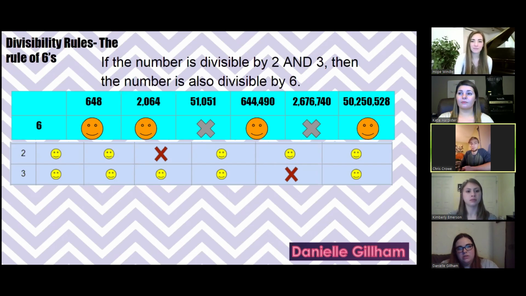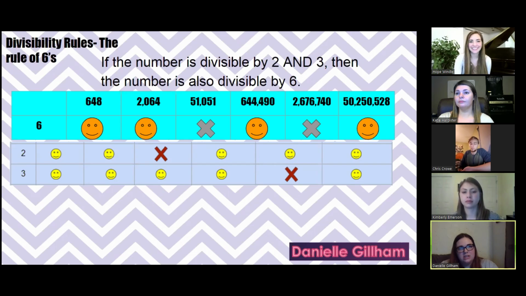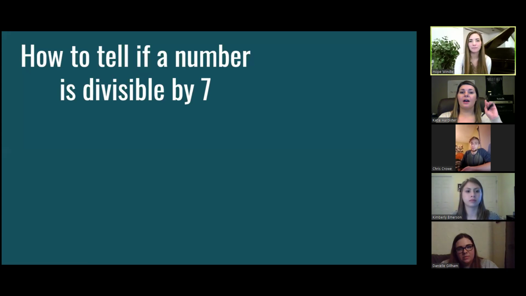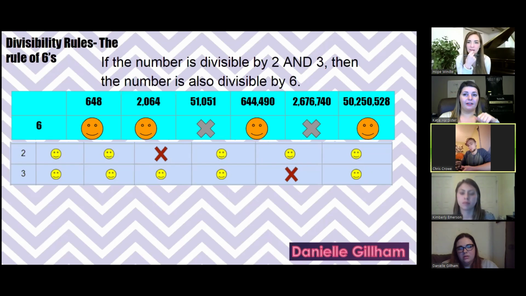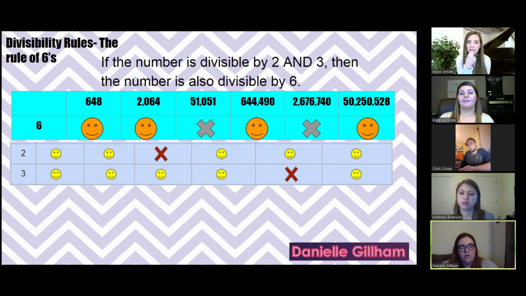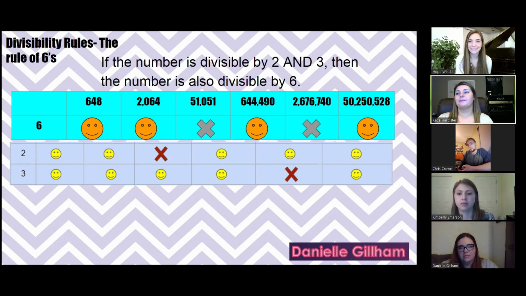The rest were divisible by 2 and 3, so those numbers were divisible by 6. Awesome. I have a question, Danielle. If they're not both divisible by the number, then that means the entire number is not, right? Correct. If one of them is, but one of them isn't, then it's still not going to work, because it has to be 2 and 3. Okay, I understand. Thank you.